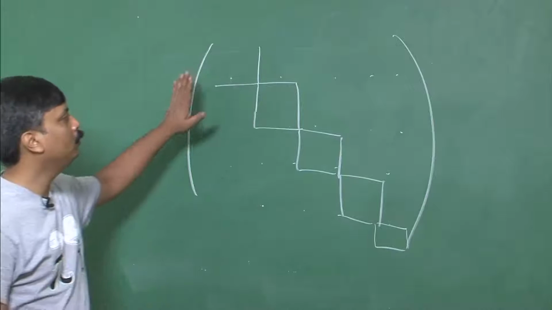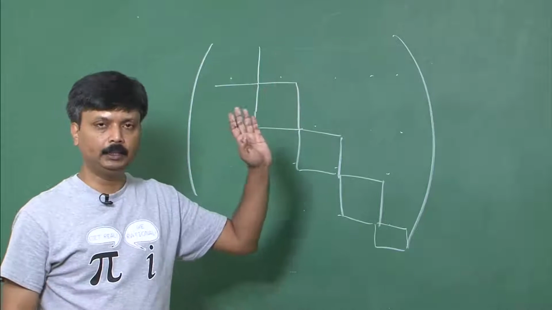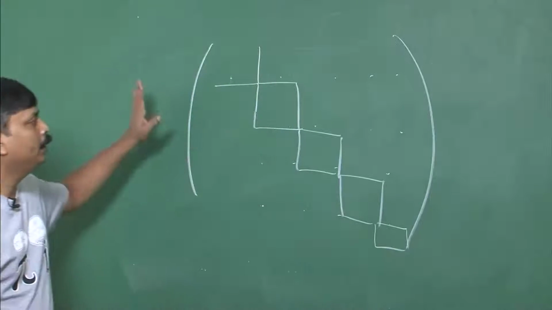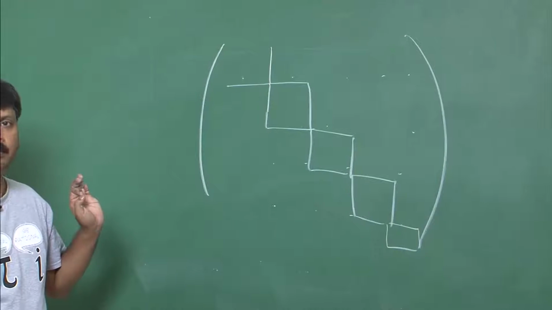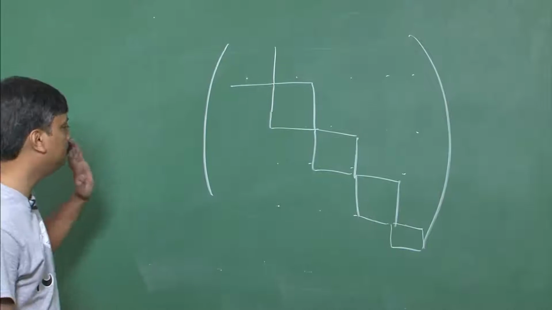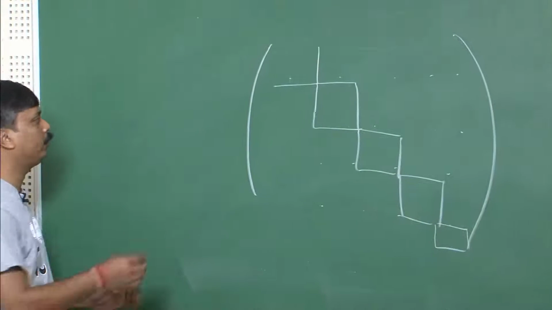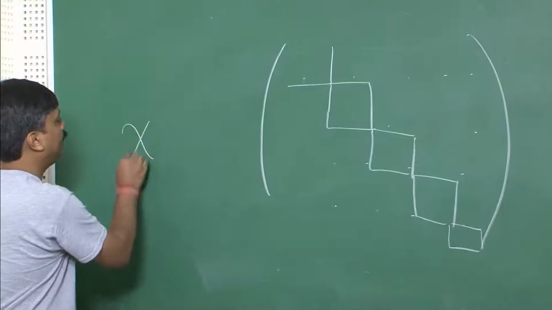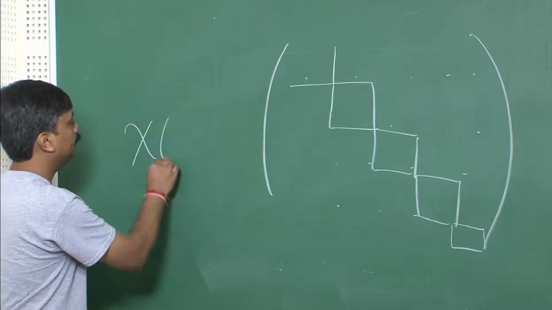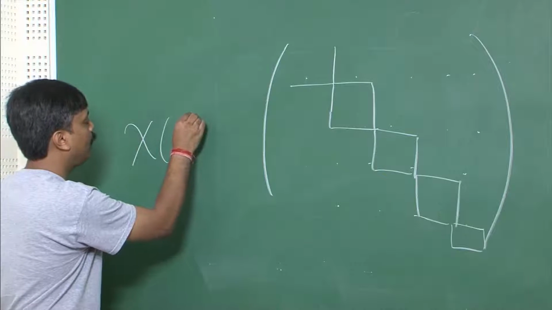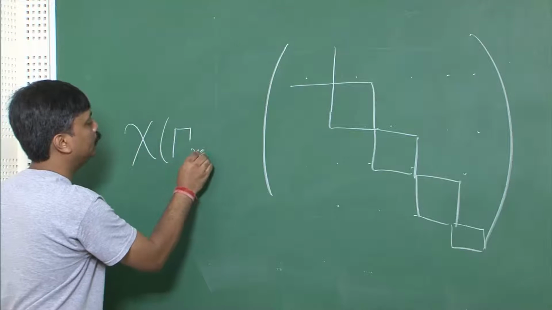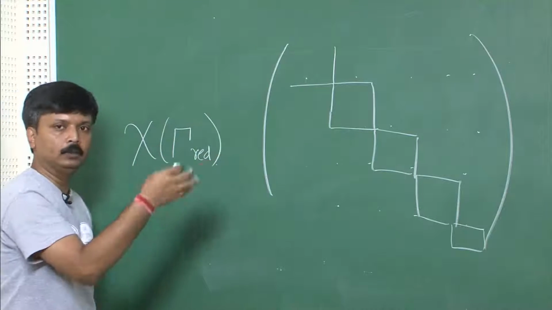Now when you start with a representation, before block factoring, you get the trace of the matrix. So suppose before block factoring you have a character for a representation, which I call gamma reducible, because you can reduce it.